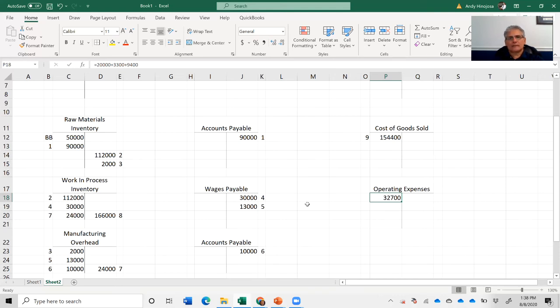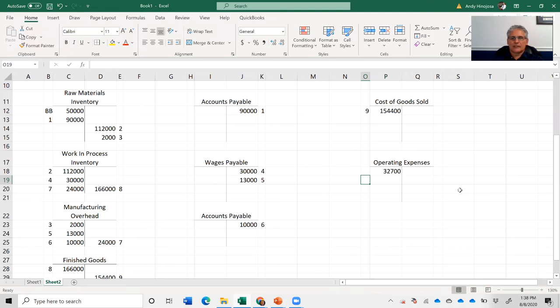And then the credit was to salaries and commission payable, rent payable, and accounts payable. Let's just put this all into accounts payable to make it simpler. So we're going to charge our operating expenses $32,700, and we're going to credit accounts payable for $32,700.